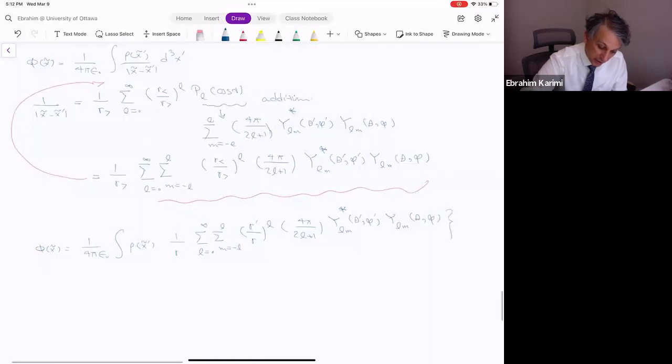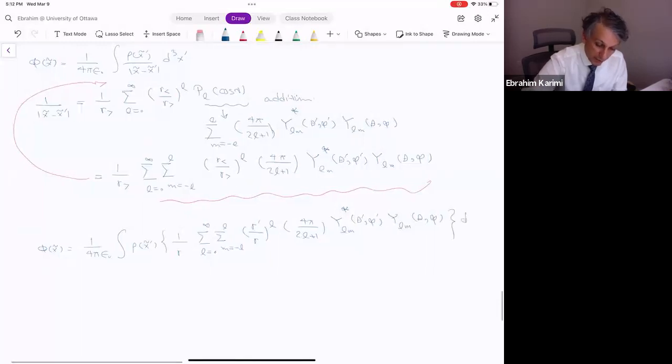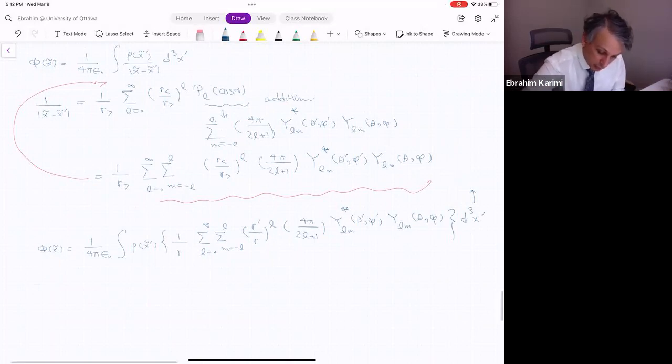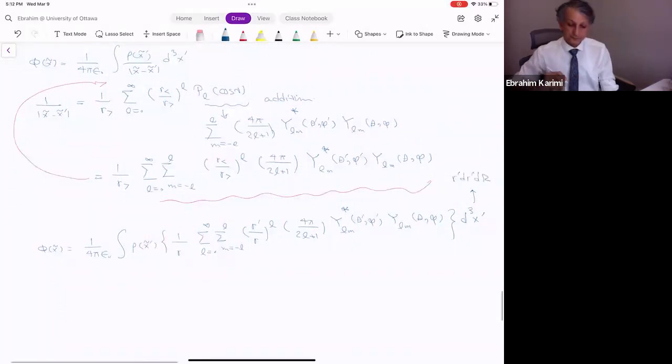And remember, the entire thing should be multiplied by d3x prime, which is the volume. So you have to multiply it by r squared d omega. But let's go this way, sorry. It will be r prime squared, dr prime, d omega prime. Good?